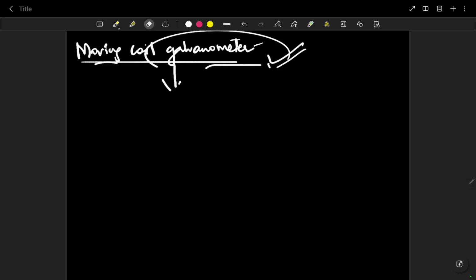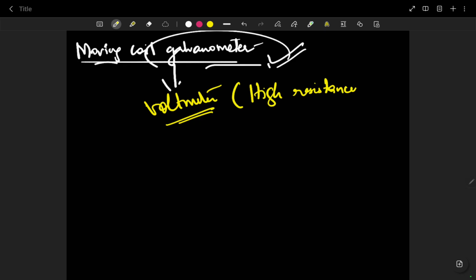Again, to convert it into a voltmeter, first of all, we need to understand what a voltmeter is. It is a high resistance galvanometer, right? A voltmeter is basically used to measure potential difference between 2 points of a circuit, in volts, the SI unit. So a galvanometer can be converted into a voltmeter.